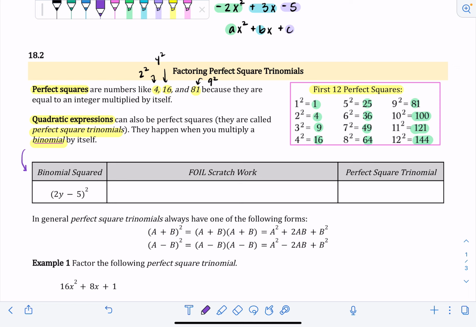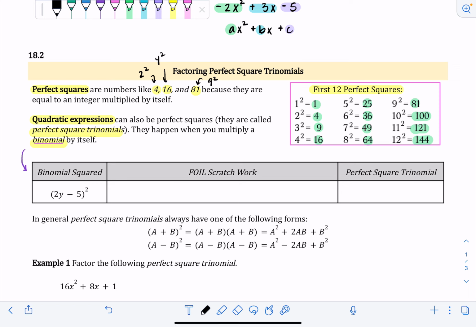So a perfect square trinomial comes from taking a binomial, which is something like this, and squaring it, multiplying it by itself. The sign in here could be a minus or a plus, and there just has to be two different terms inside the parentheses. Unfortunately, we can't just distribute the square in. It doesn't work that way.